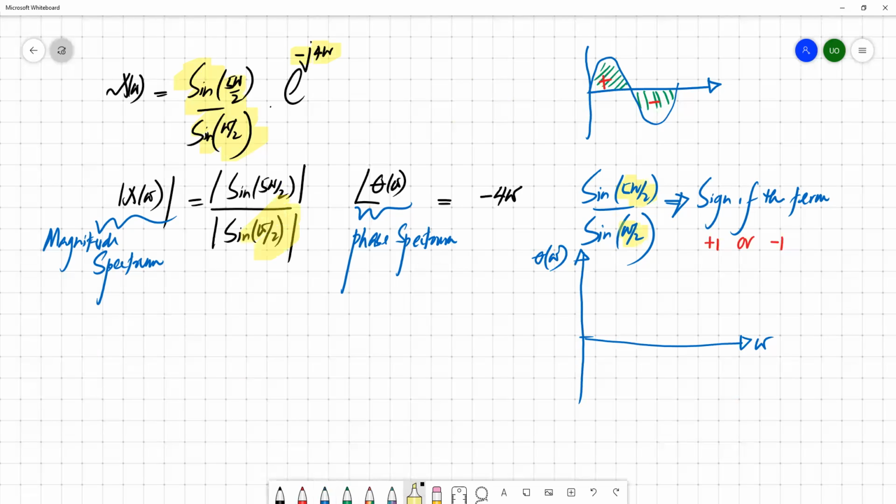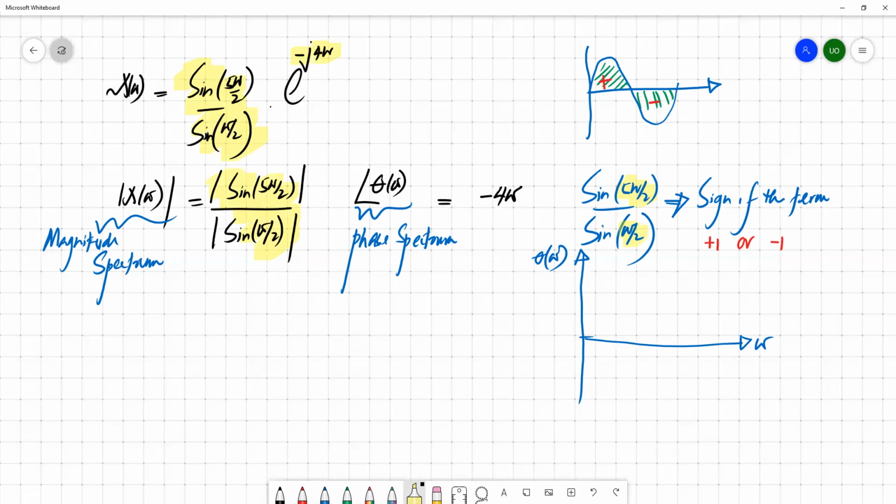So the magnitude is captured here. Sometimes, depending on the signs of these two quantities, you may have an additional minus sign appear in front of you. So then you can treat those components as well here.